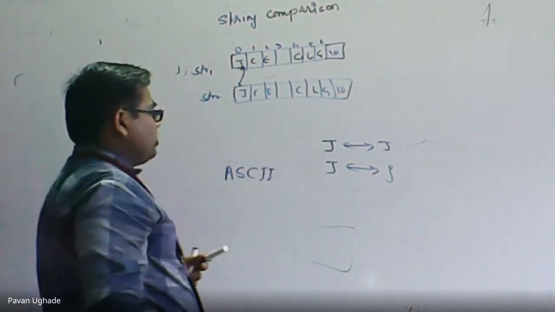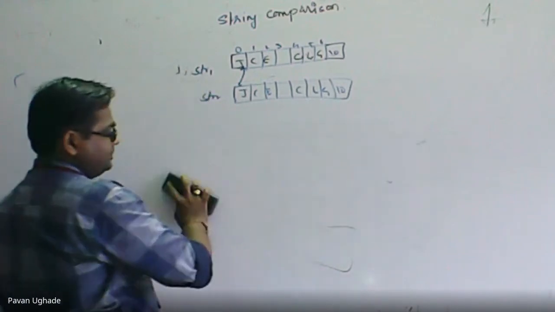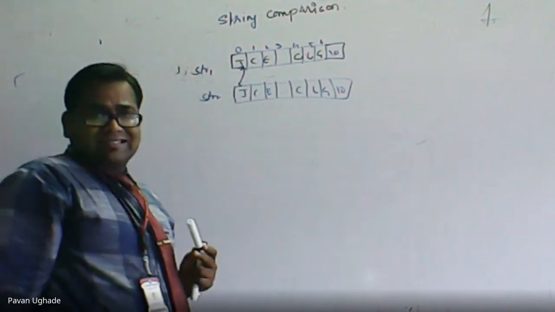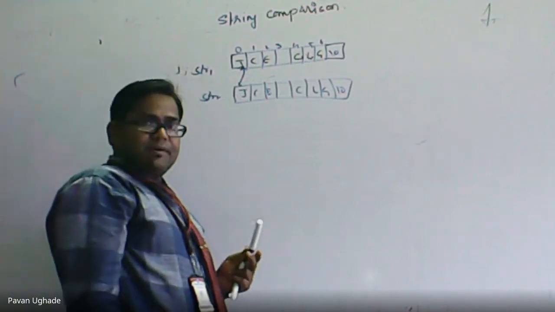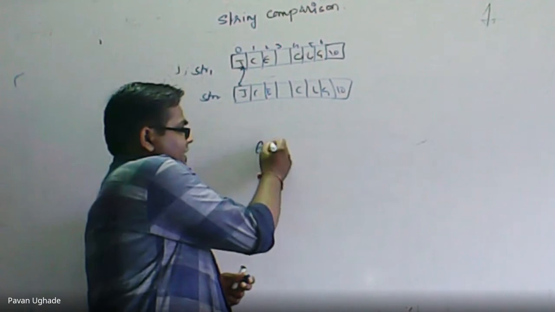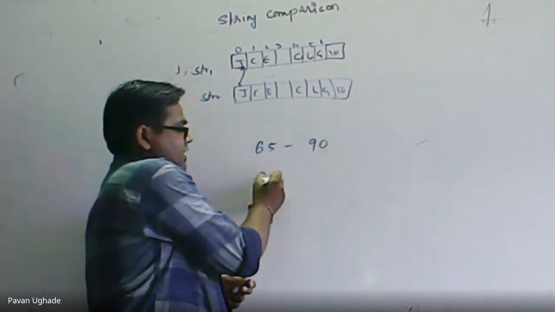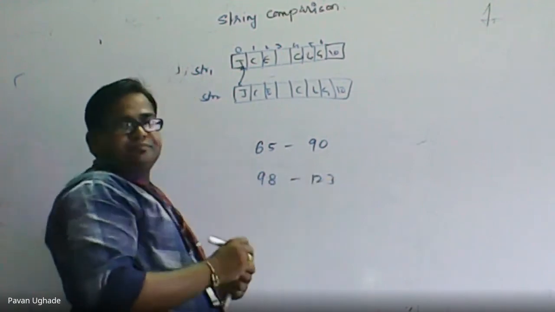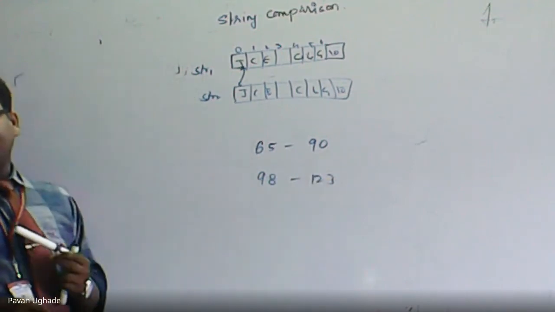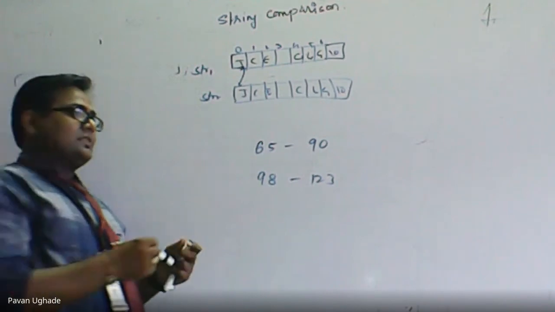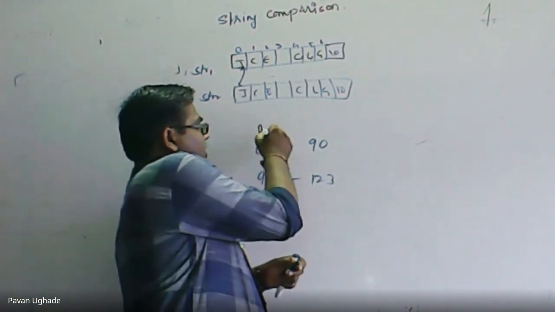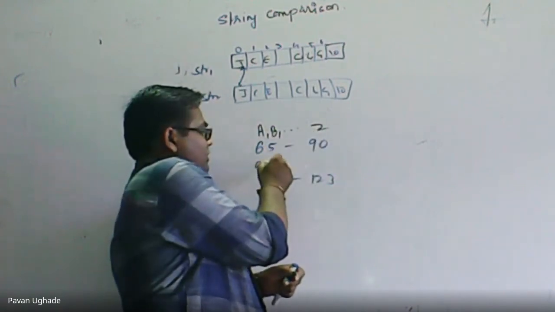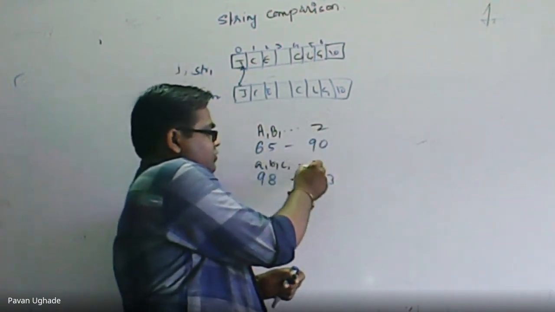Now, what is done with their ASCII values? You should remember that they have some ASCII values: 65 to 90 and 97 to 122, for capital A, capital B to capital Z, and small a, small b, small c to small z.